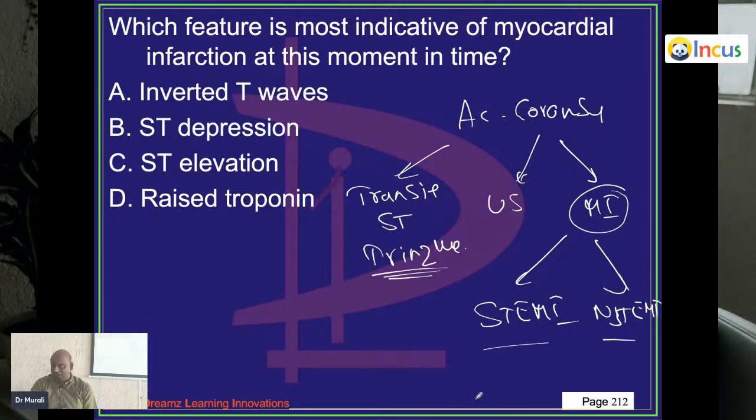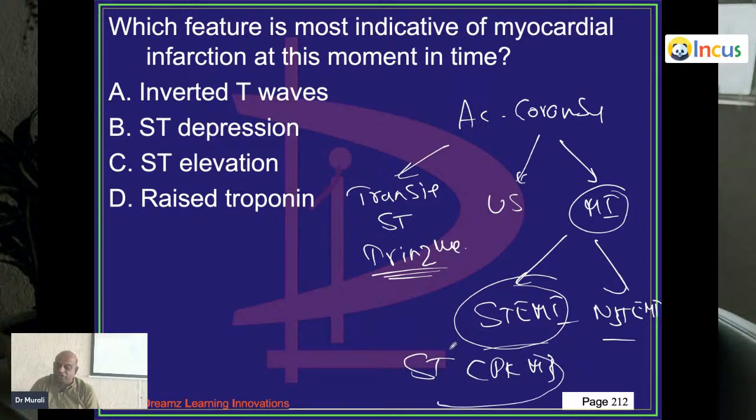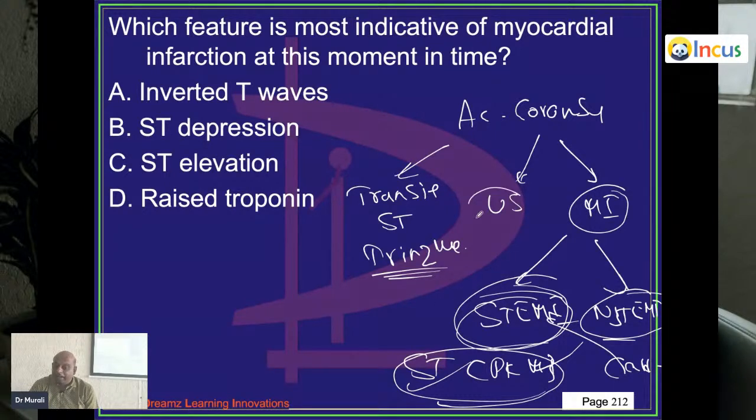Especially the challenge will be, what is the difference? In ST elevation MI, there is ST elevation and CPK-MB elevation, troponin elevation and all that. So cardiac enzymes are elevated, ST is elevated in ST elevation MI. In non-ST elevation MI, ST is not elevated, but cardiac enzymes are elevated, which is equivalent to ST elevation. Then unstable angina has no ST elevation, and no cardiac enzyme elevation. So there is no infarction, there is only ischemia. That is unstable angina. Okay.